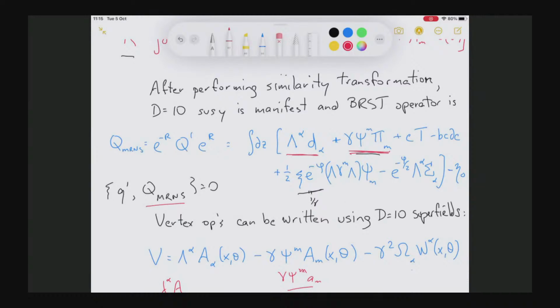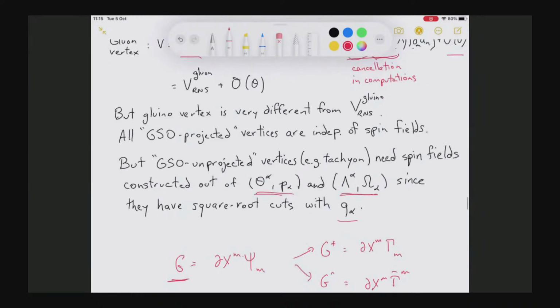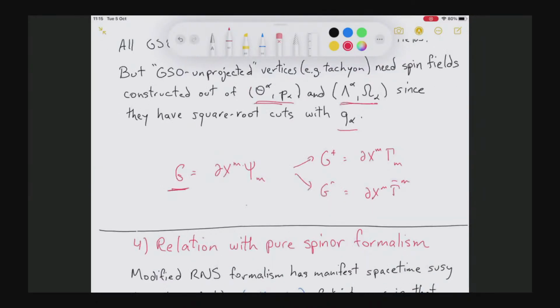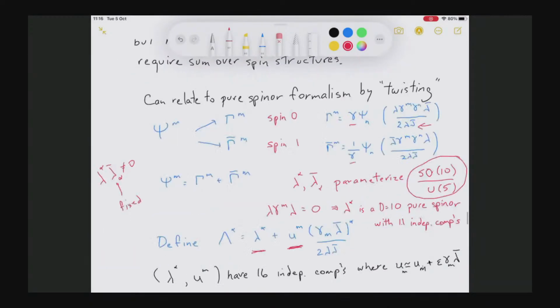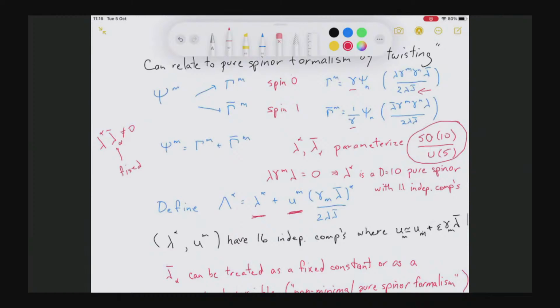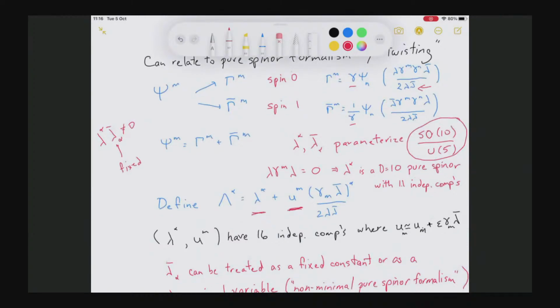So it's not so clear how to describe the twisting in this language once we add these auxiliary variables. Okay, but in any case, by twisting, I just mean twisting the psi's into gamma and gamma bar, and not discussing the superconformal generator.